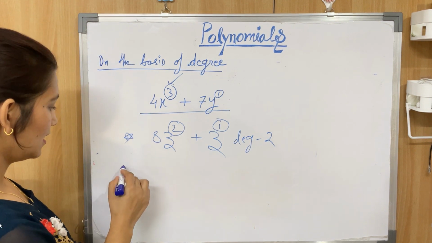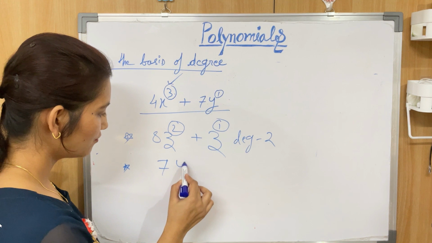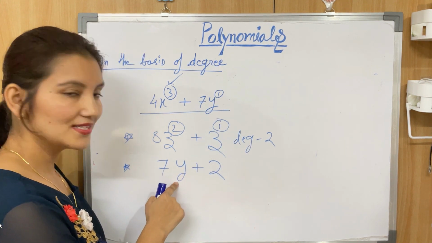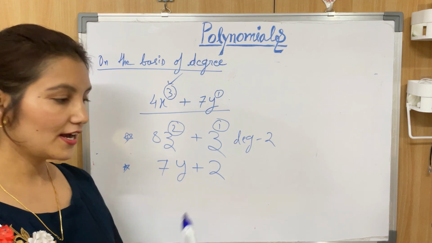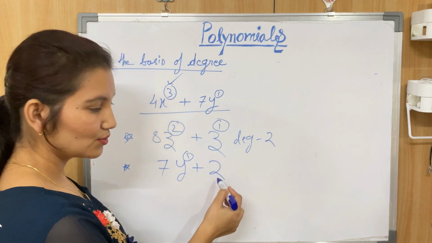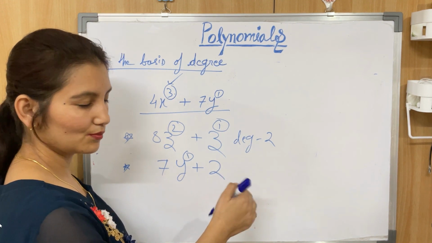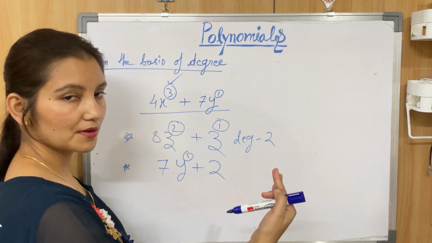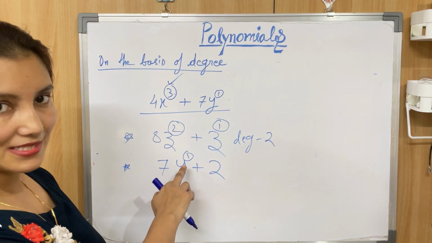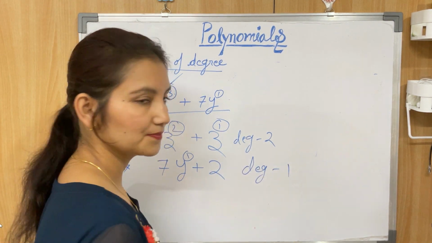Let's take one more example: 7y plus 2. Here y is a variable and the power of y is 1. 2 is a constant, and constant means the power of the variable would be 0. So here the highest power is 1, so the degree is 1.